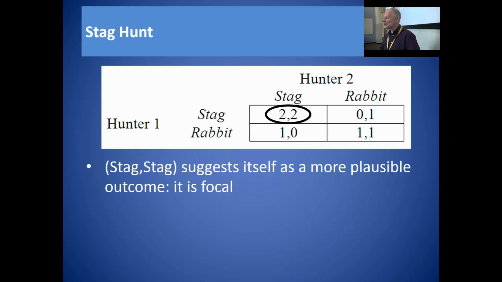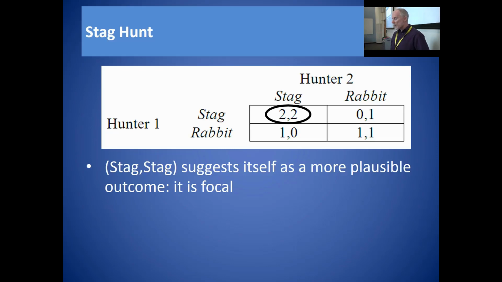Which one do the players gravitate towards? Well, in this game of the stag hunt, this one here, where both players are better off, suggests itself as a more likely outcome. And when that happens, it's described as a focal point.